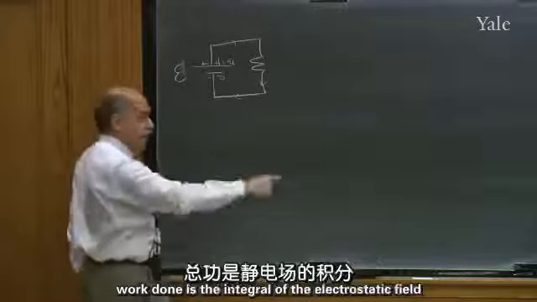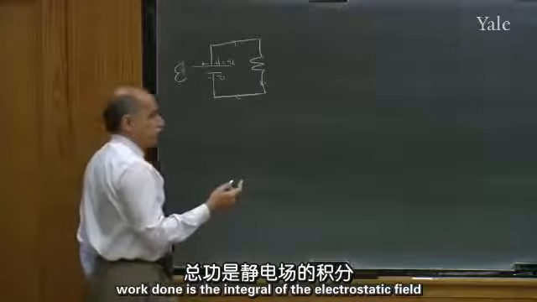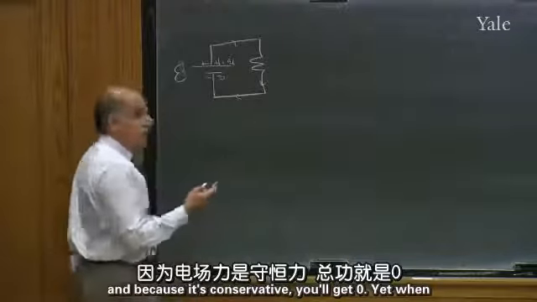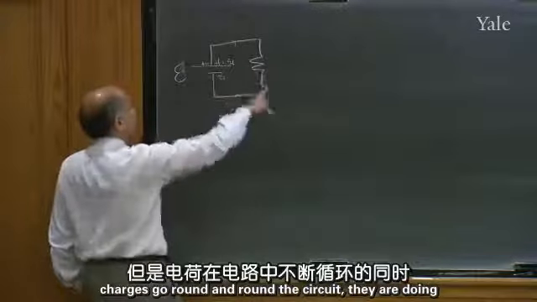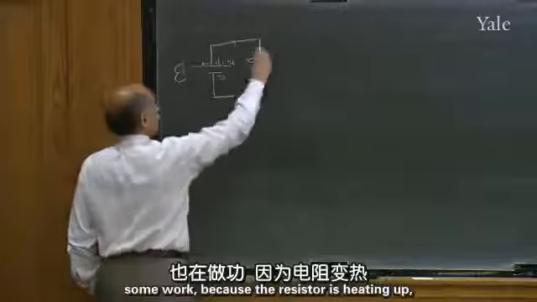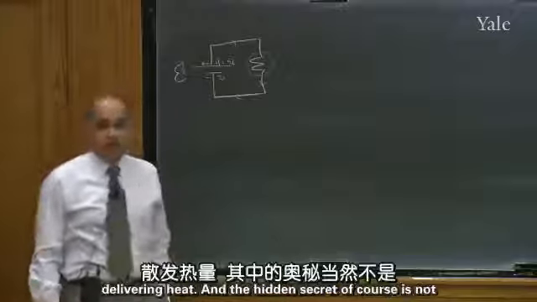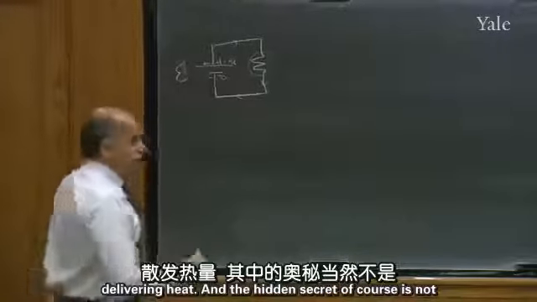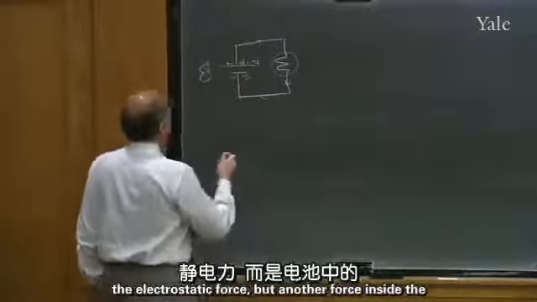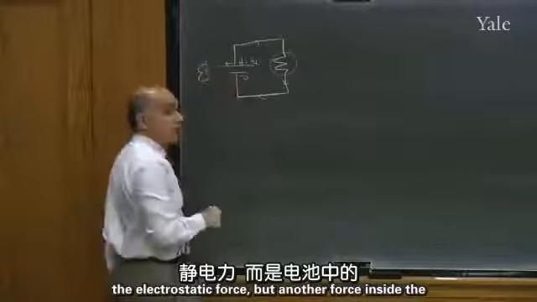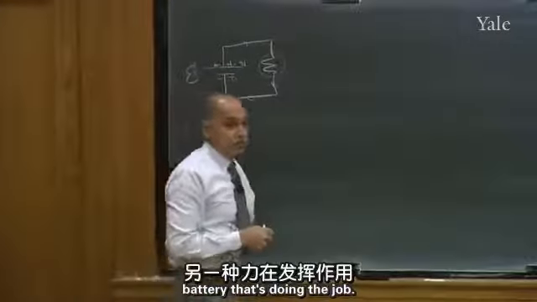That's because the net work done is the integral of the electrostatic field, and because it's conservative, you'll get 0. Yet when charges go round and round the circuit, they are doing some work because this resistor is heating up, delivering heat. And the hidden secret, of course, is that it's not the electrostatic force, but another force inside the battery that's doing the job.